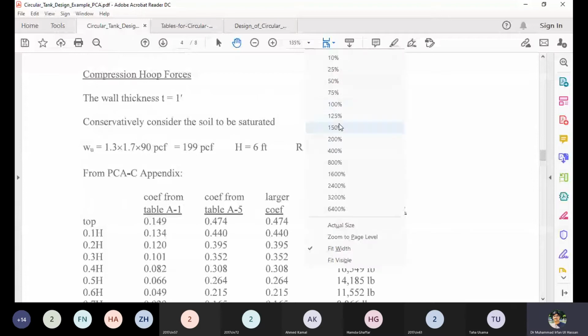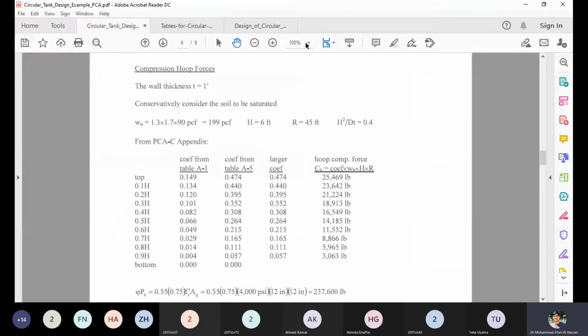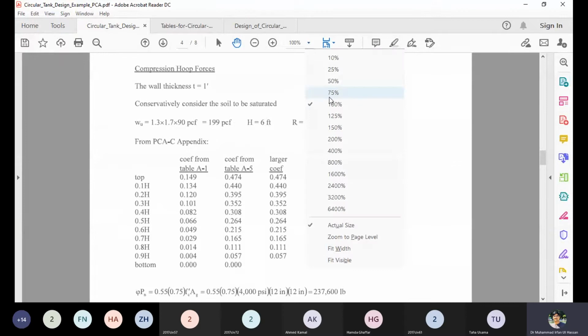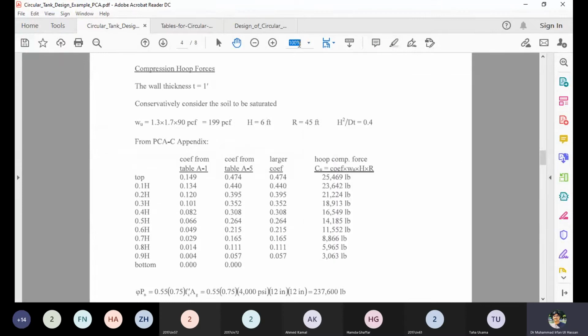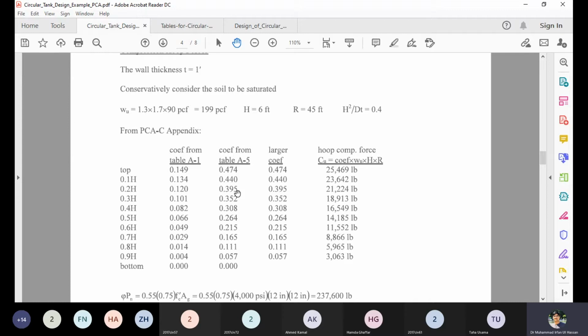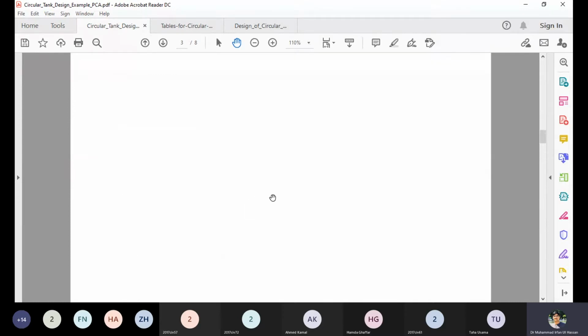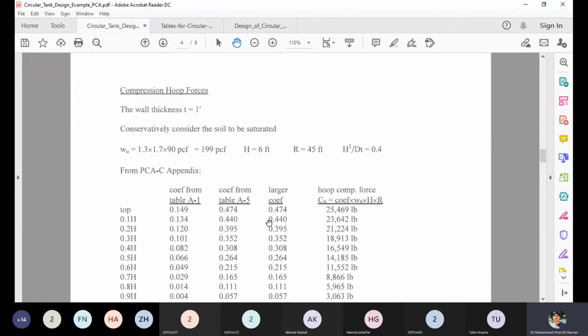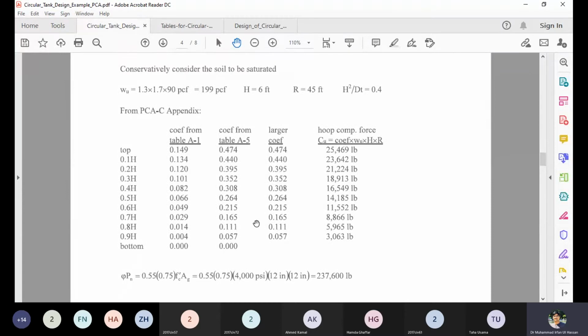Now the next part is that you have to compute the compressive stresses from the outside. The soil load is also acting. The soil load will develop the compressive force from the outside, and you can see the coefficients for the compressive force in the similar way. The vertical coefficients are seen from Table A1 and Table A5.